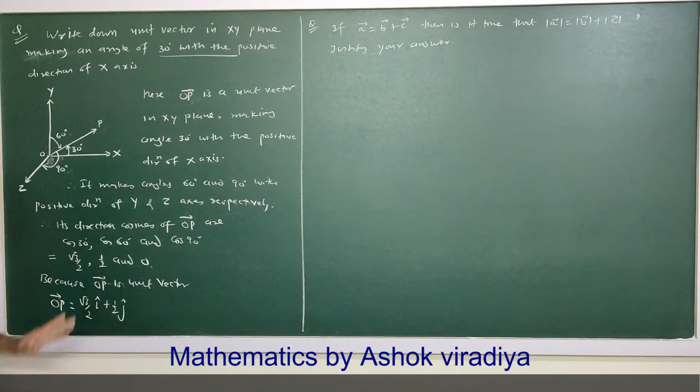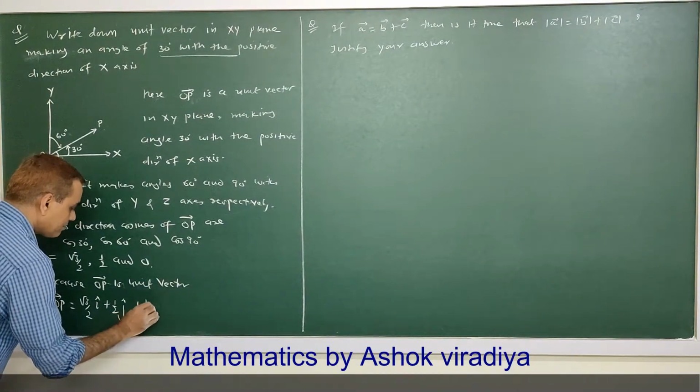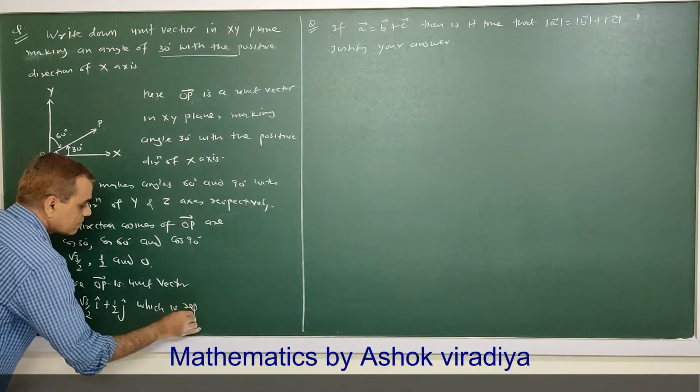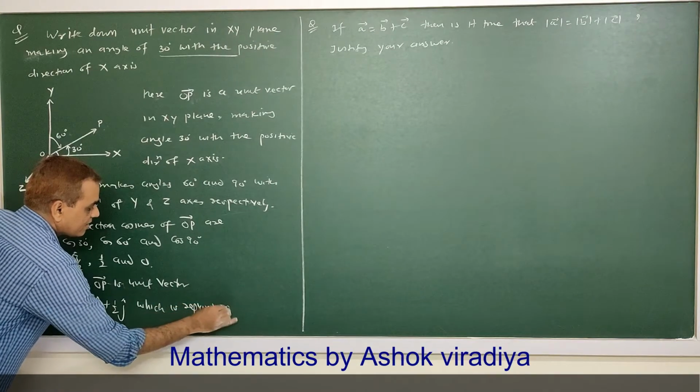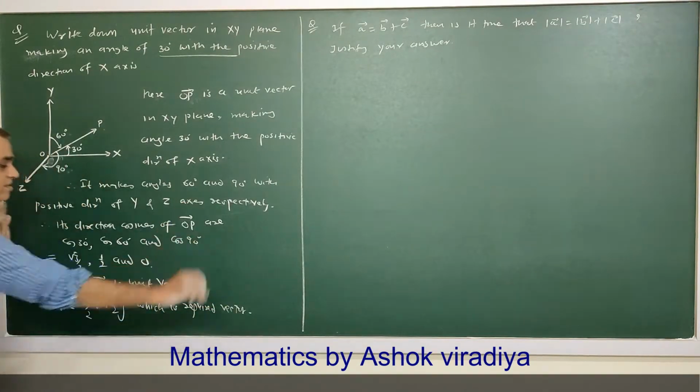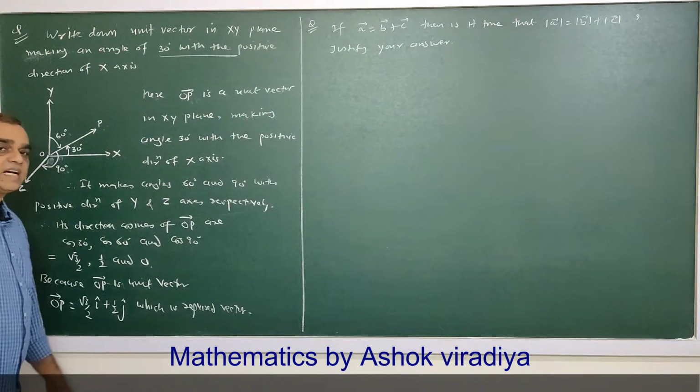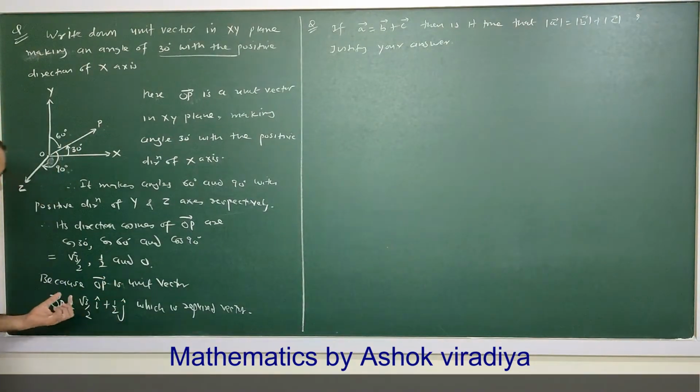So this is the required vector. Whenever any vector is a unit vector, scalar components are always direction cosines of that vector.